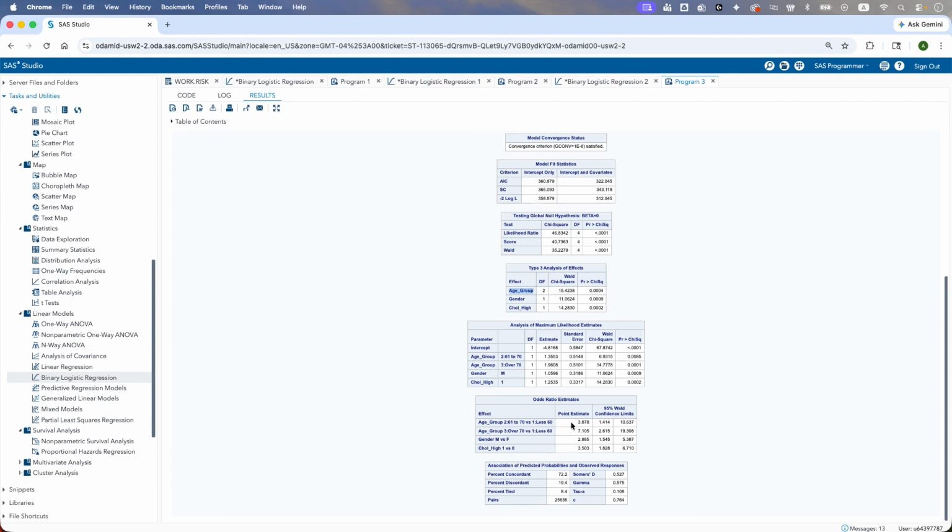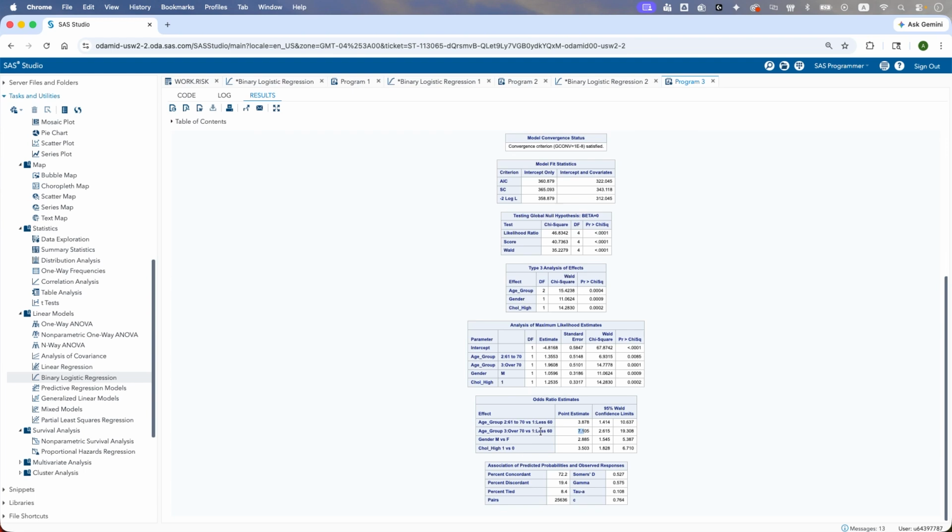This is 3.9. So people who are between 60 and 70, right, are about 3.9 times more likely to have a heart attack than the people under 60, the reference category. The second one, the people over 70 are about 7.1 times more likely to have a heart attack than people under 60. And this makes sense, logically speaking.